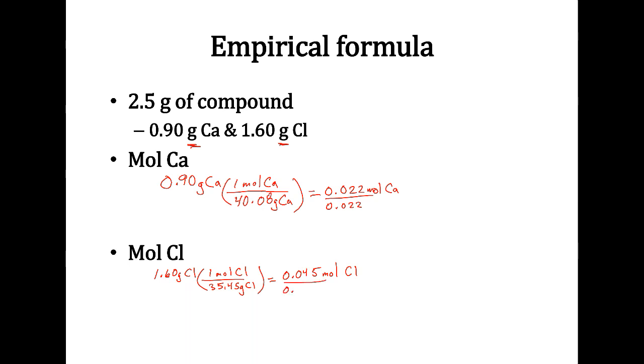And whenever you go through and divide by that, this tells us that for every 1 mole of calcium, there are 2.05 moles of chlorine. Okay, well, this is close enough to 2. So we can just ignore this part right here.